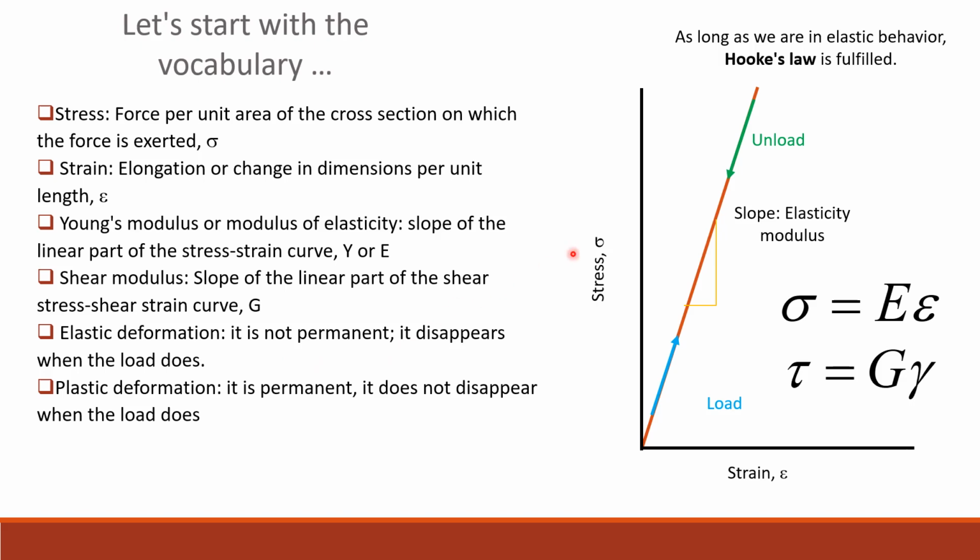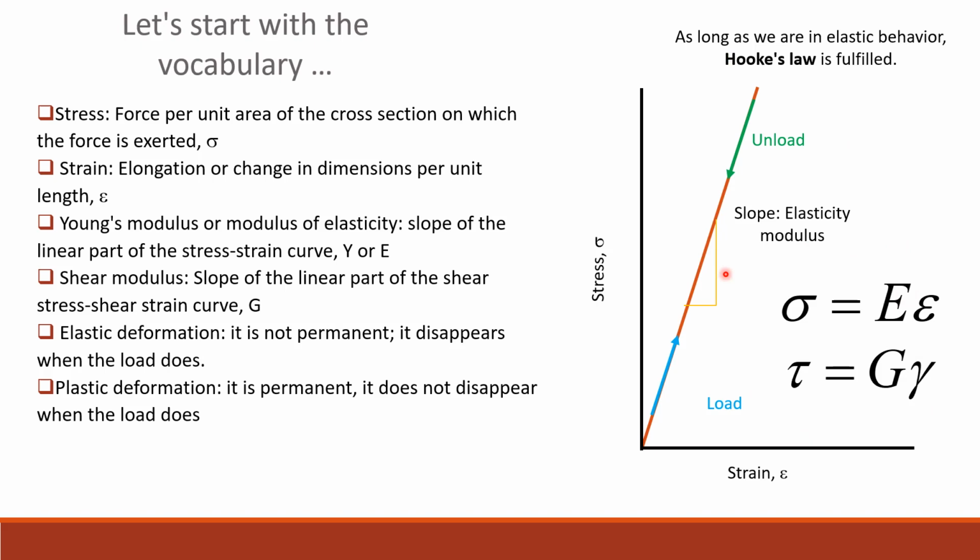As long as we are in the elastic behavior, we can understand that the Hooke's law is fulfilled, and so we have this slope of elasticity modulus. This is the load charge. This is unload, so I'm decreasing the stress, and then since the Hooke's law is verified because I'm in the elastic regime, then I have these two expressions which are quite simple.